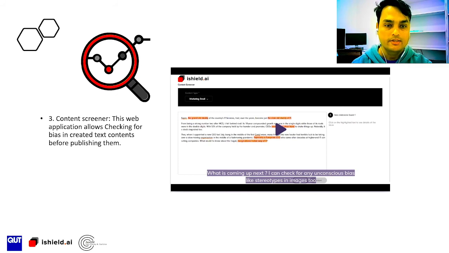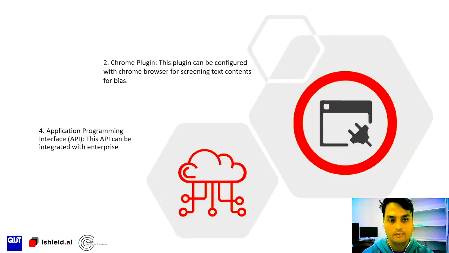Content Screener is a web application that allows for checking bias in text contents before those texts get published. Then we have the Chrome plugin and API. The Chrome plugin can be configured with the Chrome browser for screening text contents for bias detection, and the API can be integrated with the enterprise system.